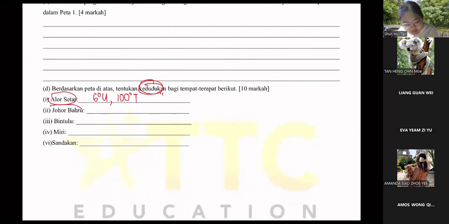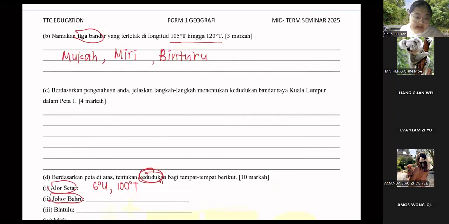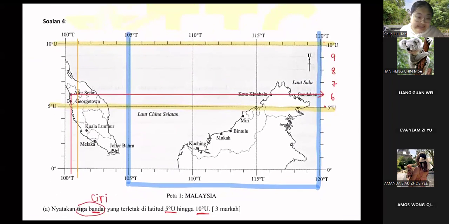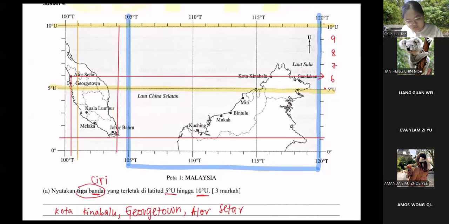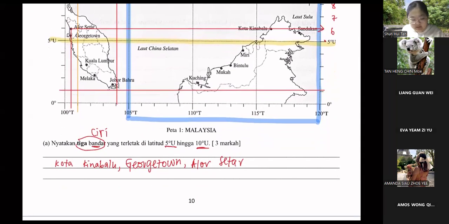Can you tell me Johor Bahru's location? Let's see, where's Johor Bahru? Let me draw the line. I also cannot see where it is. Okay. You found Johor? I write here, yeah? Because I don't want to flip up and down.